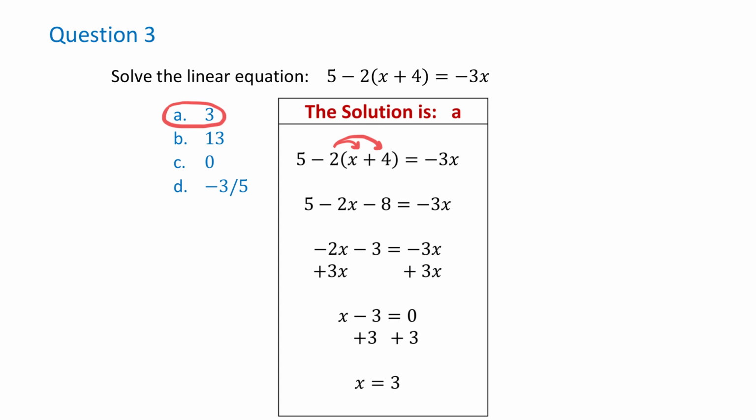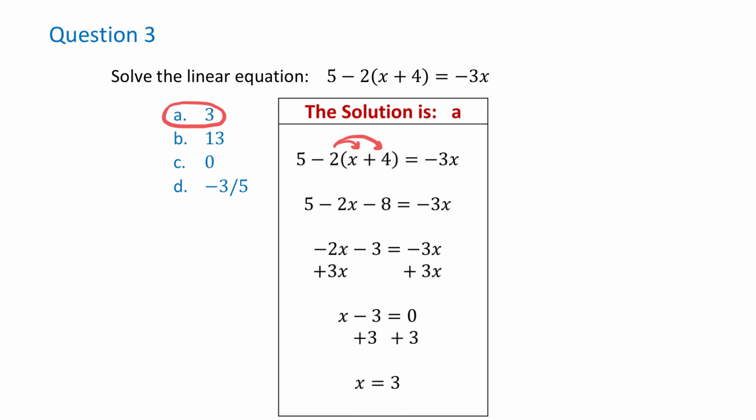To isolate x on the left side, we will add 3x to both sides. Then on the left side, negative 2x plus 3x is 1x, then we bring down minus 3, and on the right side, negative 3x and positive 3x cancel, and we get 0. Then from here, if we add 3 to both sides, we will get that x equals 3.